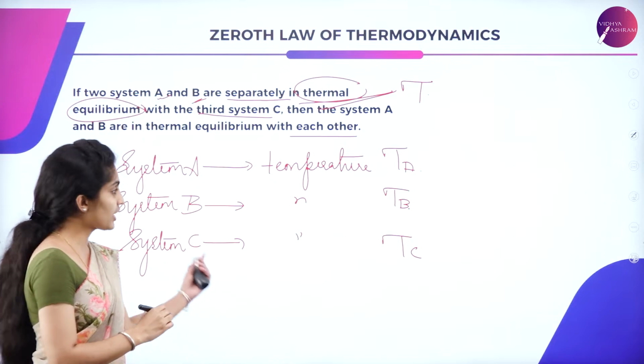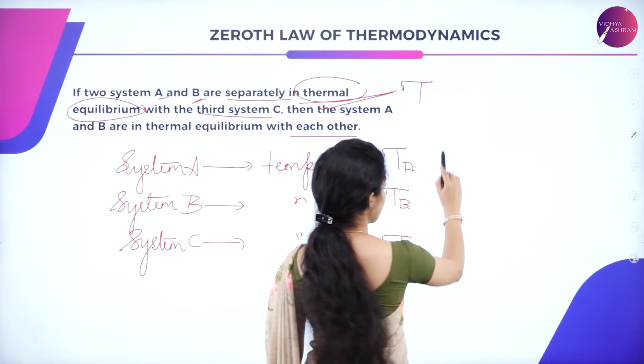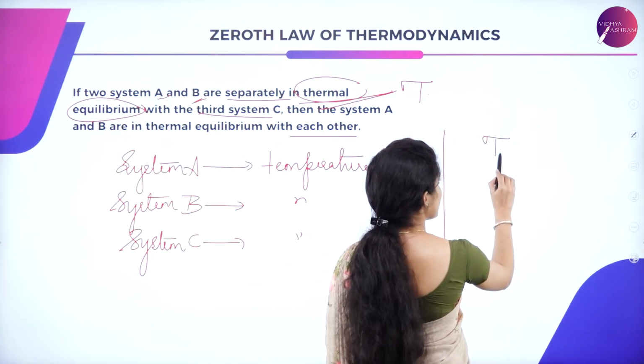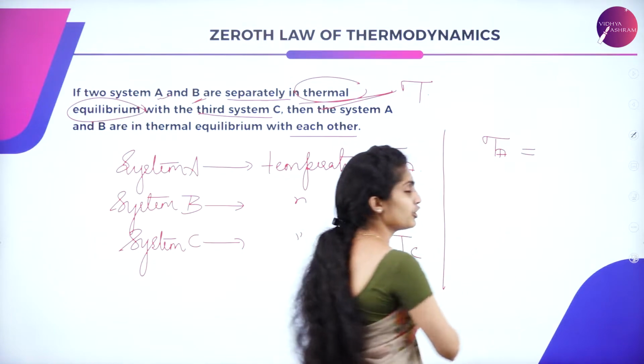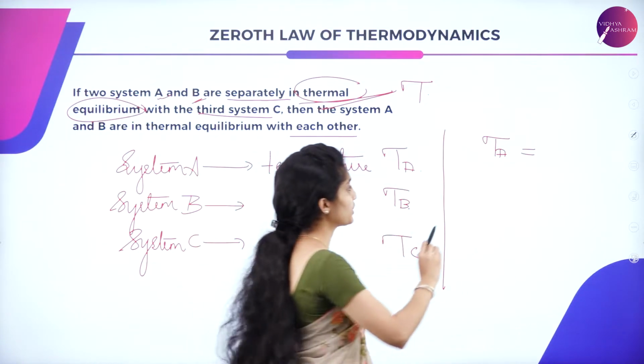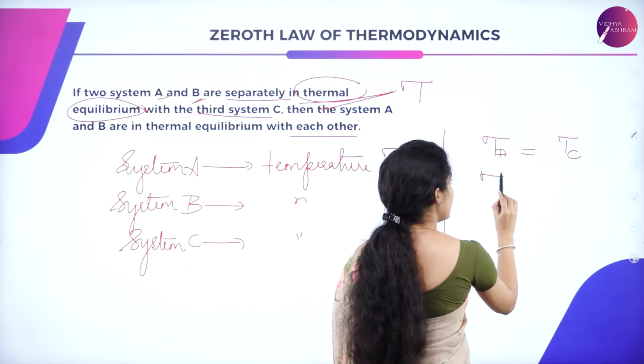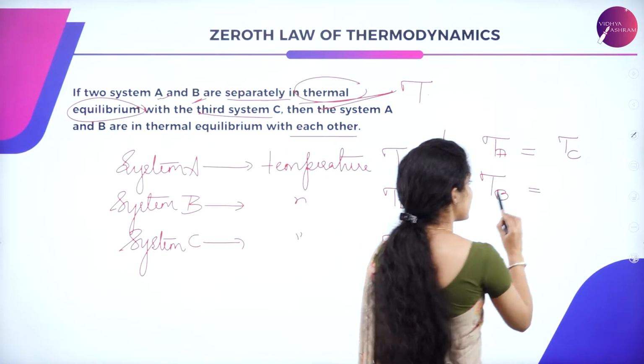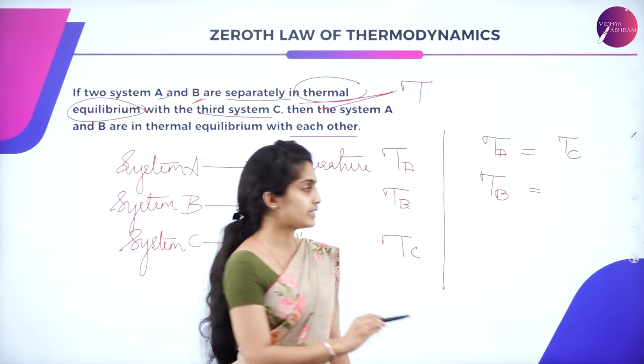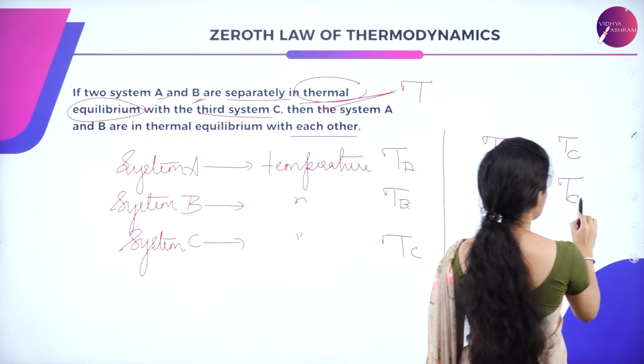So according to the statement, what do we have? The temperature of the first system, TA, is equal to the temperature of the third system, TC. Again, system B's temperature is equal to system C's temperature.